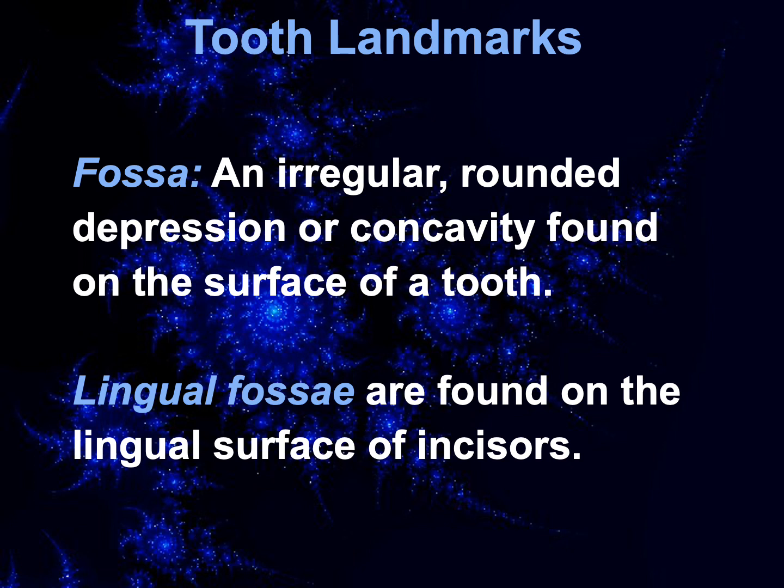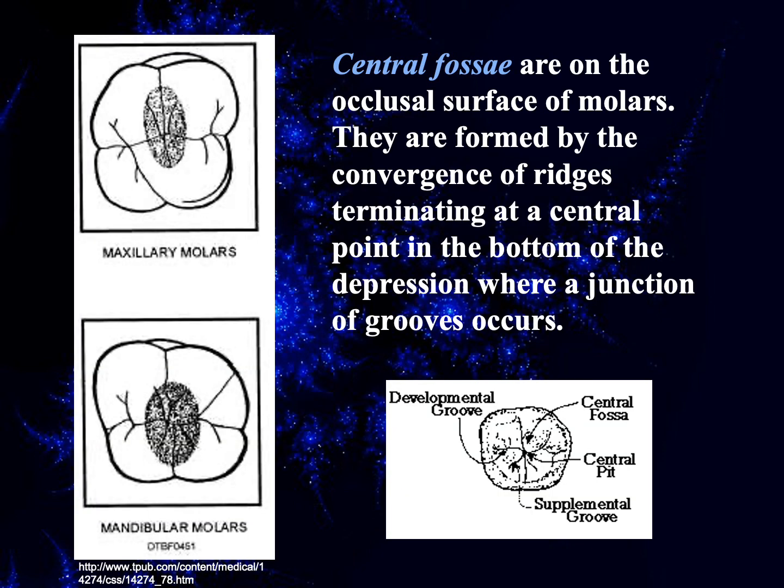A fossa is an irregular rounded depression or concavity found on the surface of a tooth. Lingual fossae are found on the lingual surfaces of incisors. Central fossae are on the occlusal surface of molars. This is a molar, and inside here you can see a central fossa.